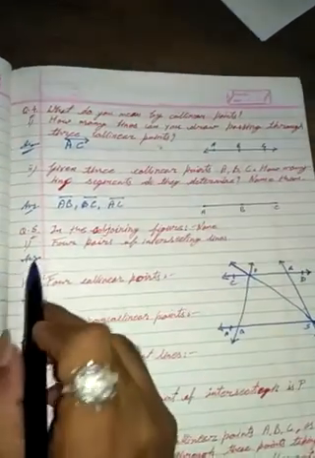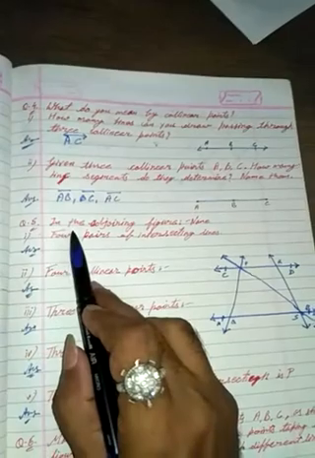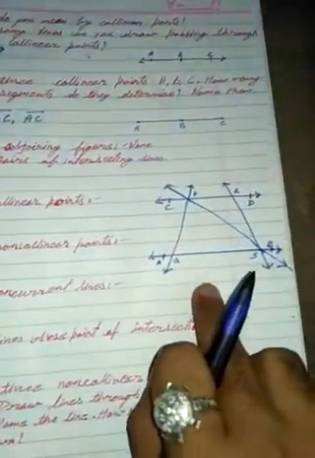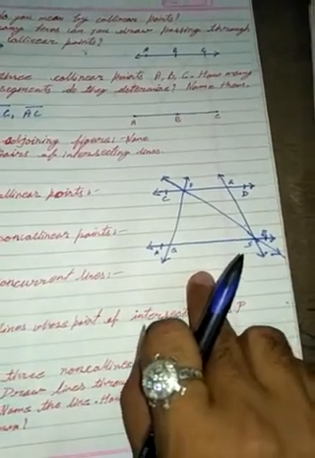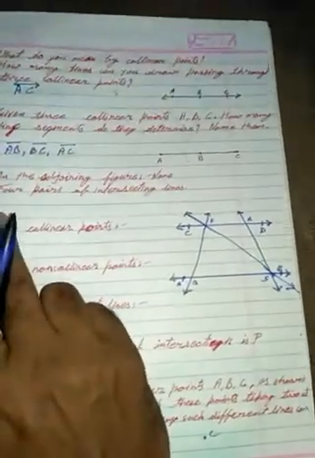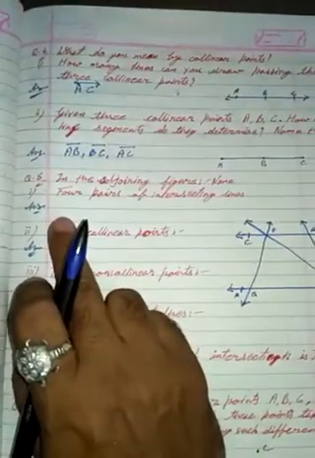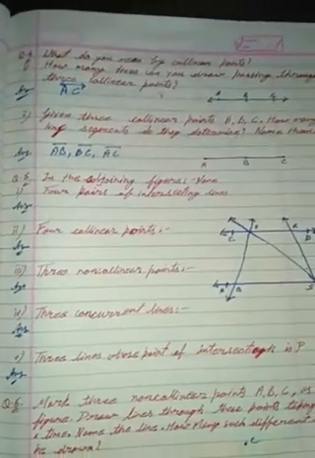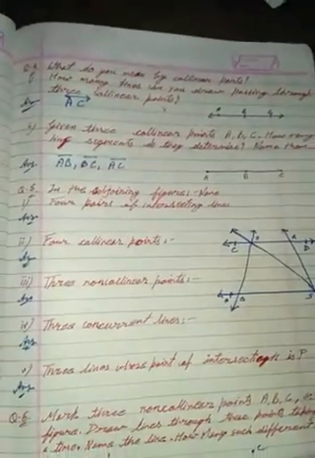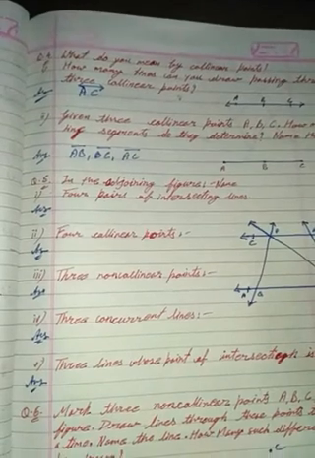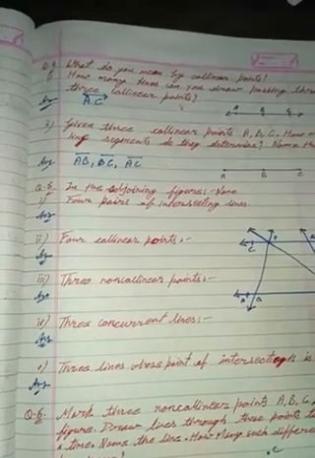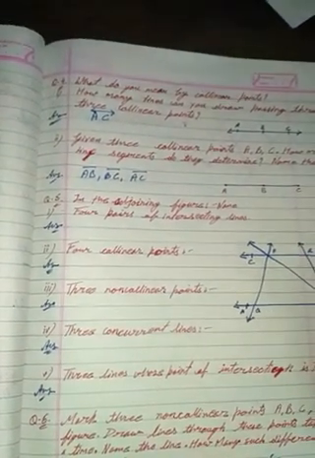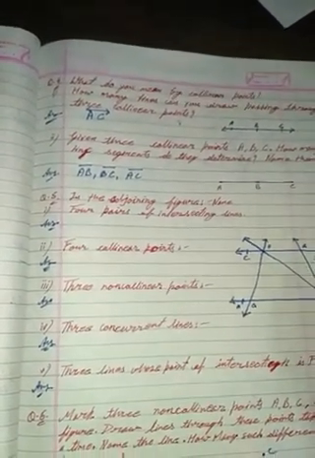Okay, now next question number 5. In the adjoining figure. Now this is the figure. First you draw the figure, then we take the first part of this question, 4 pairs of intersecting lines. Two lines, 4 pairs which are intersecting.